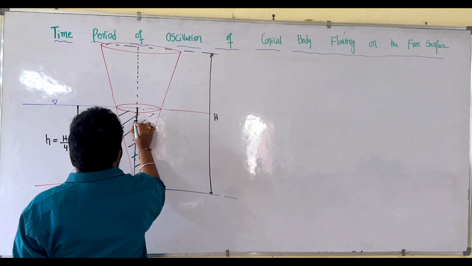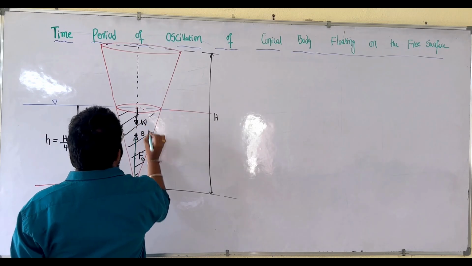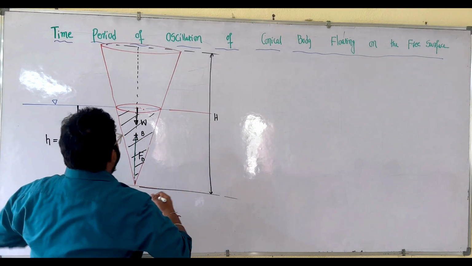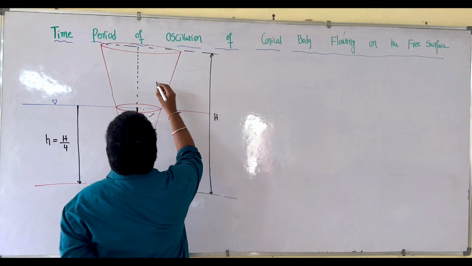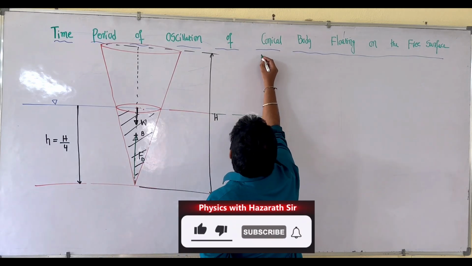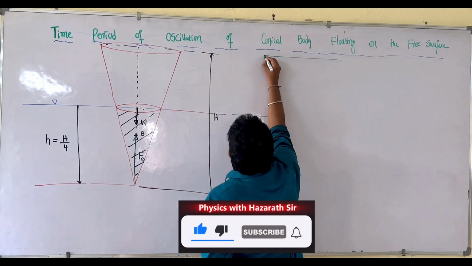Weight of the body always acts vertically downward. Here, see this. You can take the triangle here to here.